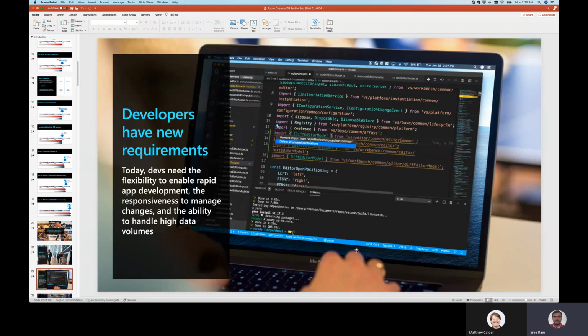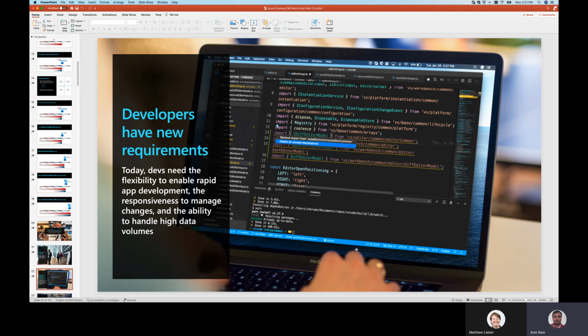At the same time, as developers, we all have new requirements. We have cutting-edge editors. We have many needs from the users to meet their low response times, to provide high availability of these applications across the world, and provide potentially unlimited storage scenarios.